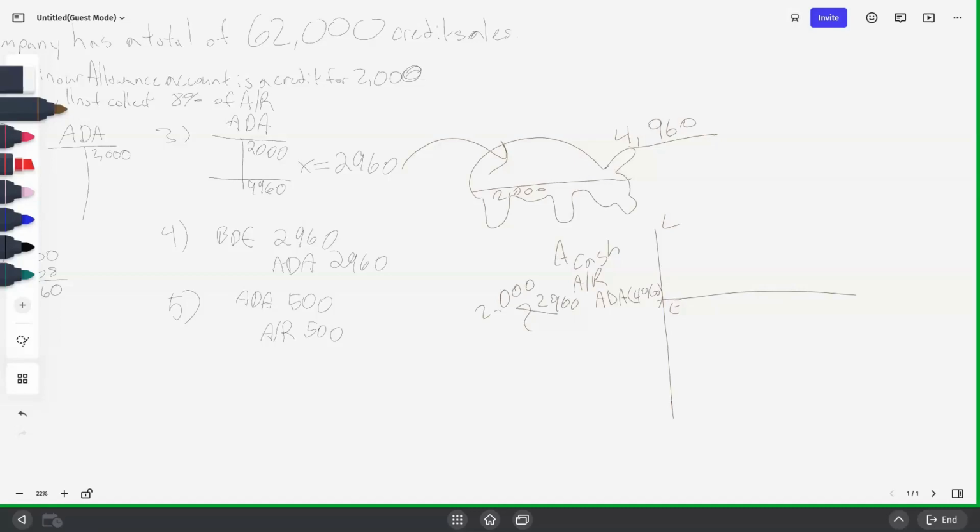You're basically solving for X. Step three is like a glorified subtraction problem. You're finding X, doing 4,960 minus 2,000. You're basically doing a formula, so you subtract this side by 2,000.